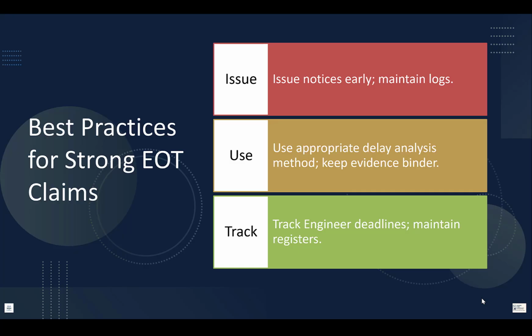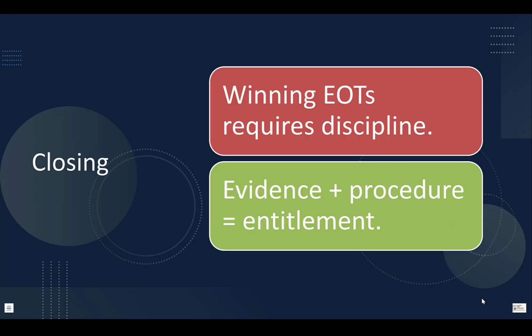Maintain a delay evidence binder, maybe digital and physical. Align planning and contracts teams. Keep authority logs. Submit rolling claims for ongoing delays. Track engineers' response deadlines. Maintain claim and delay event registers. I have talked about this several times, but it's good to keep reminding people.